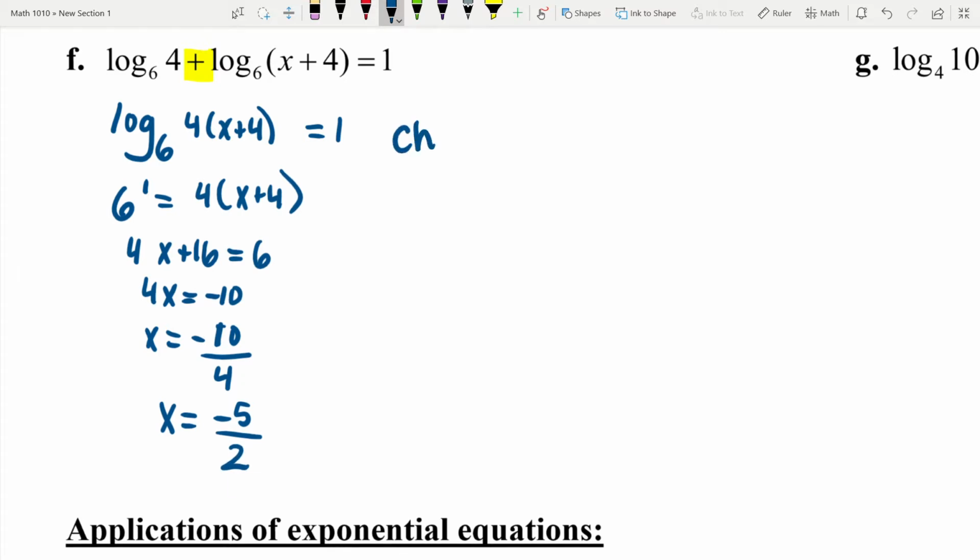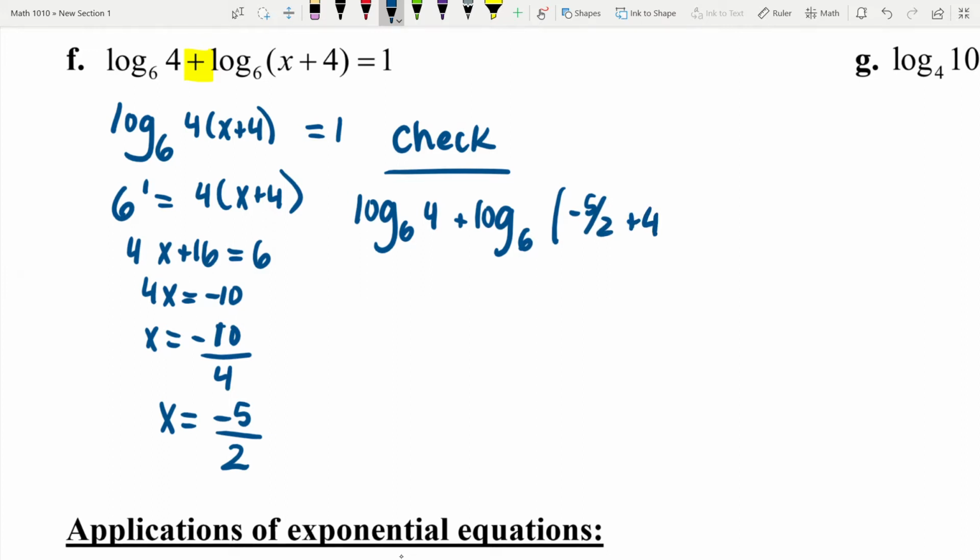Okay, everybody write the word check. And then I want you to go log base 6 of 4 plus the log base 6 of negative 5/2 plus 4 is equal to 1. Okay, grab your calculator. Everybody do this with me so you make sure you know how to put it in.